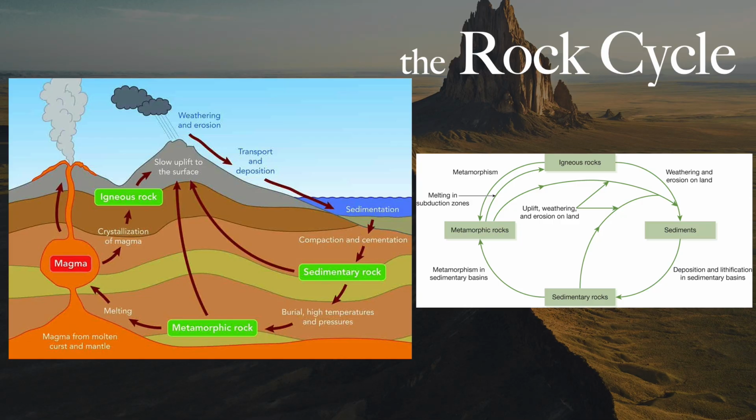Okay, sedimentary rocks then have a few paths in which they can go, right? So now we're on the right-hand side of the first figure. And if we're looking at our other rock cycle diagram from the textbook, we're now at the bottom of this cycle here. So if we have a sedimentary rock, there are two things that can happen. One, it can get eroded or uplifted by our plate tectonic motion really quickly.